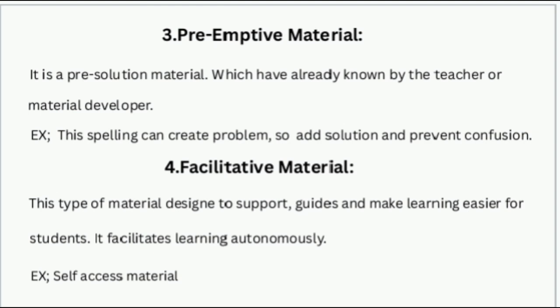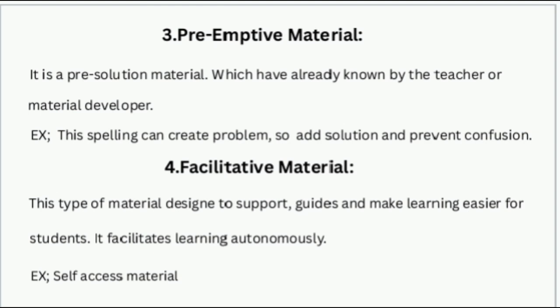Whenever a teacher delivers a lecture or brings a material that can create confusion, and the teacher knows that this topic can create confusion for my students, she or he writes the solutions already in the material, so the student cannot get confused in this problem or topic. So, for example, this spelling can create a problem, so add a solution and prevent confusion.